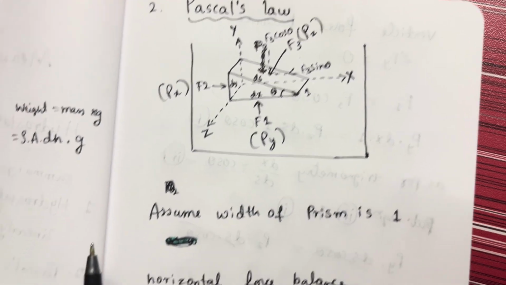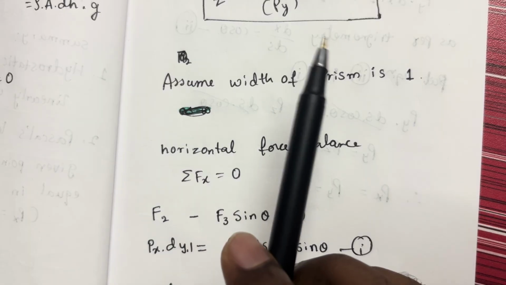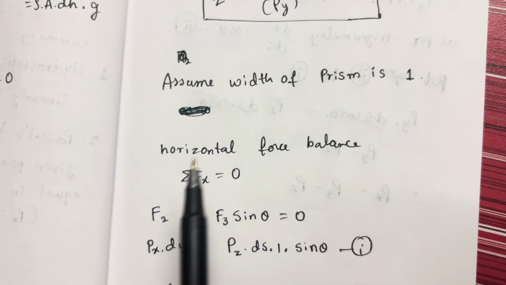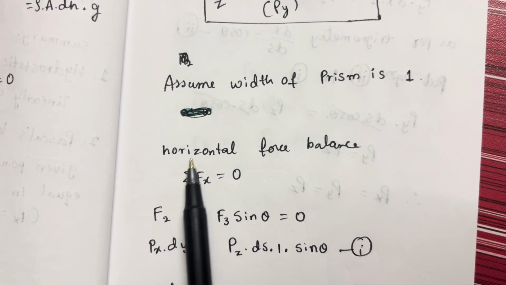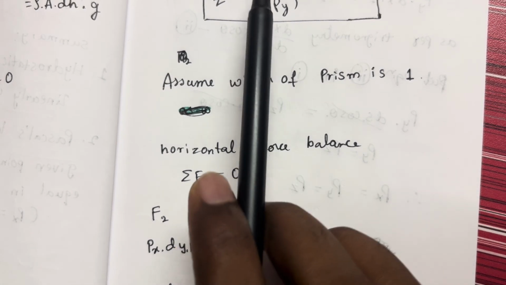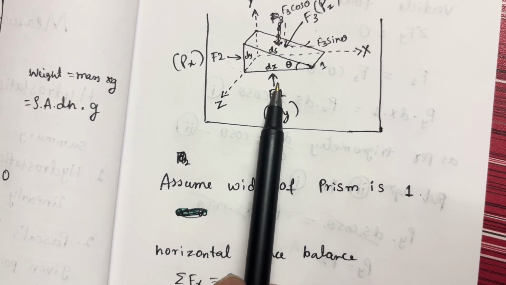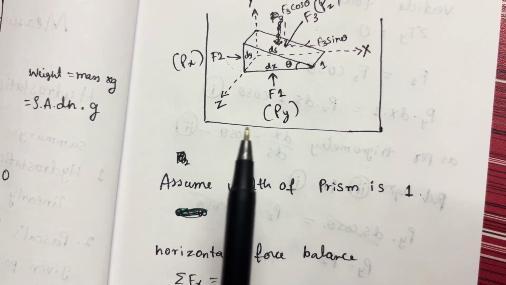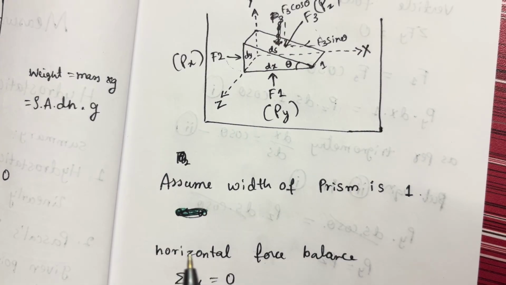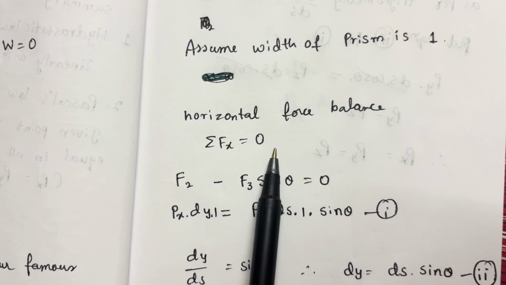To prove this, we assume this is very small. Now we'll try to prove the theory. First, as we know, this is at equilibrium, which means this block is not moving. If it's not moving, then all the forces acting in a single direction sum to zero. So in the x-axis, the summation of all forces is equal to zero. What all is there in the x-axis?